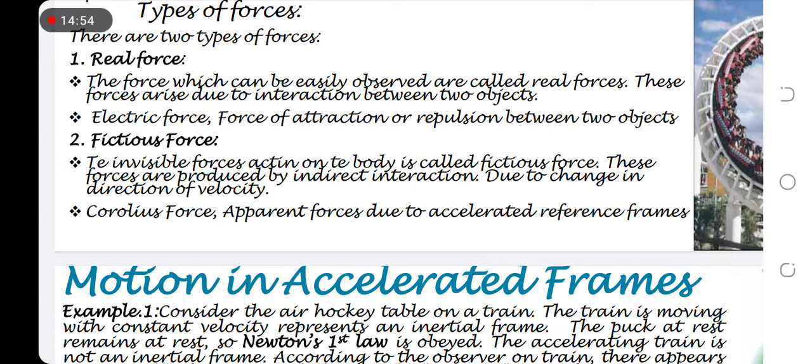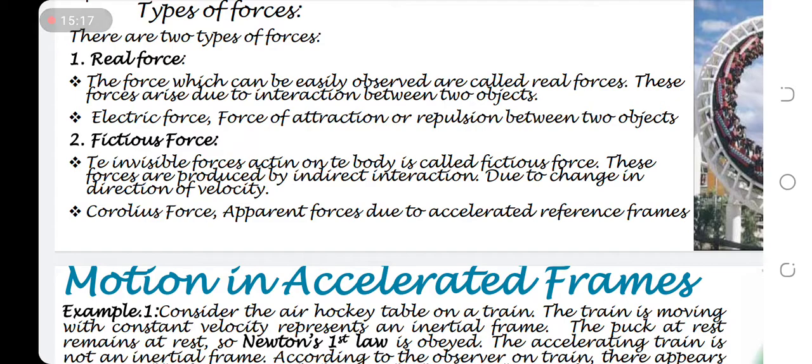The second type is the fictitious force. These are basically invisible forces acting on the body. We cannot directly observe these forces.